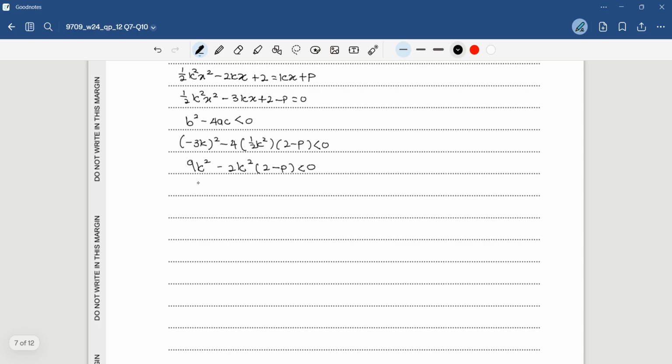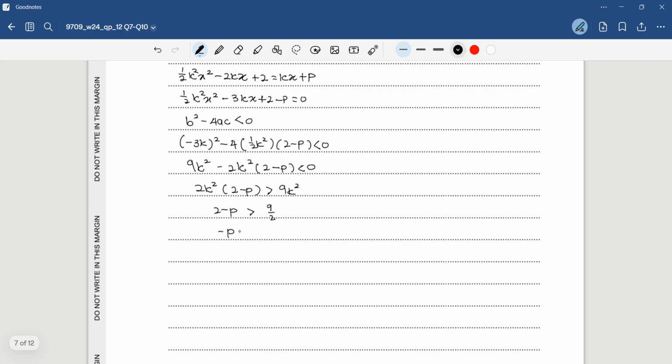Since k is positive, so I can bring this to the other side. So it's going to be 2k square times (2 minus p) will be more than 9k. k square, so 2 minus p more than 9 over 2.